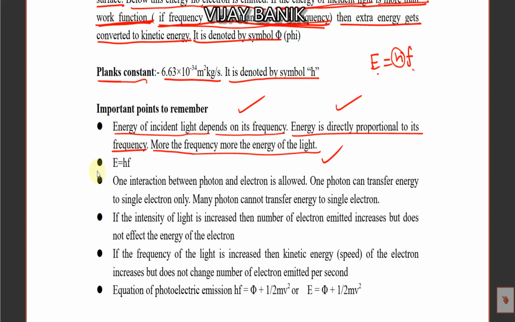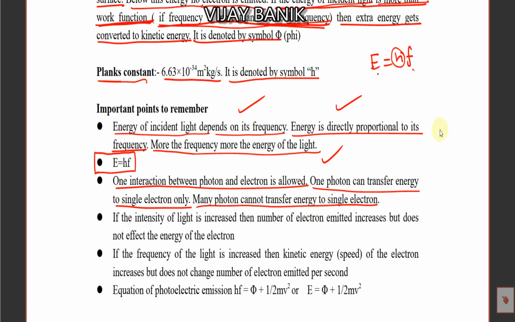This formula you guys already know now. Energy is equal to Planck's constant into frequency. Remember, this is a very important point and it is repeated again and again in mark schemes. One interaction between photons and electron is allowed. One photon can transfer energy to a single electron only. Many photons cannot transfer the energy to a single electron.